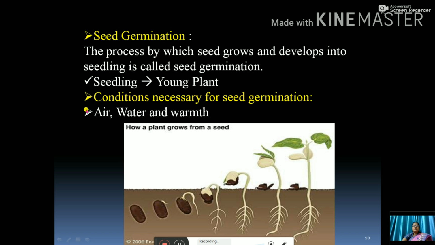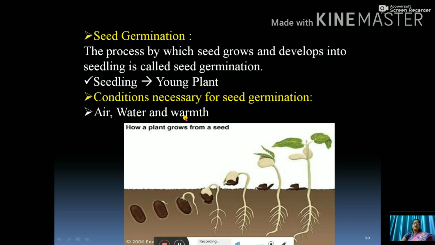In the first dish you have kept the seed in the air, so it will not germinate because water and warmth are not present. In the second dish you have kept the seed inside the water, so it is not getting air and warmth, so it will also not germinate. In the third you have kept the seed inside the refrigerator; that will also not germinate because it is not getting warmth and air.